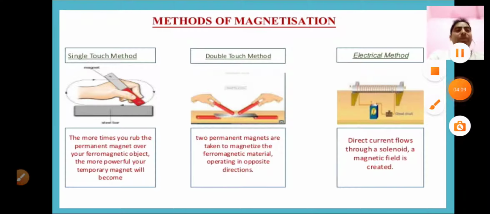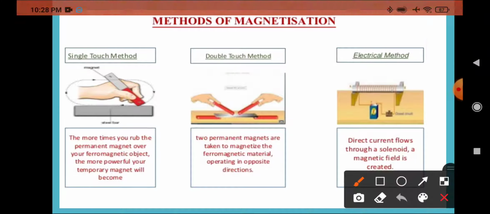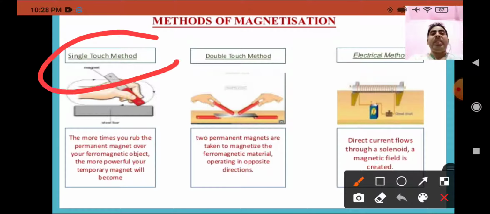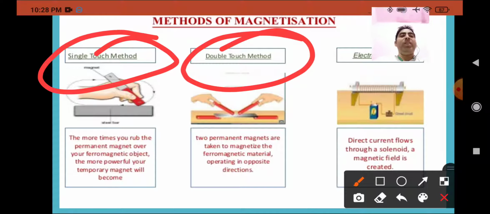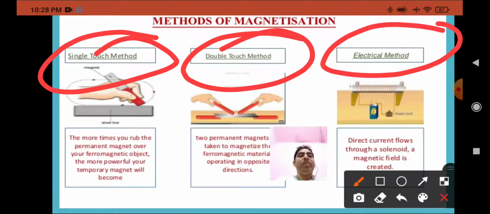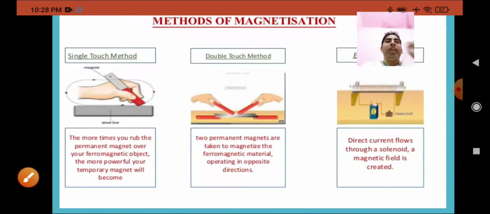There are several methods for making magnets from an iron piece with the help of another magnet, and the easiest way of making a permanent magnet is by two methods we will read: the single touch method and the double touch method. There is also an electrical method, but we don't have to read it. That is called an electromagnet. First we will see the single touch method.